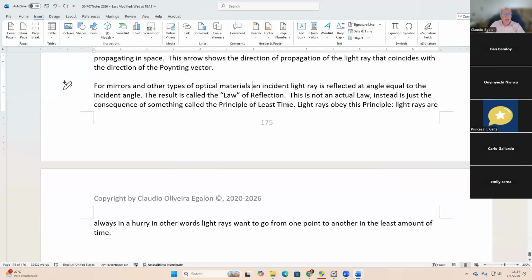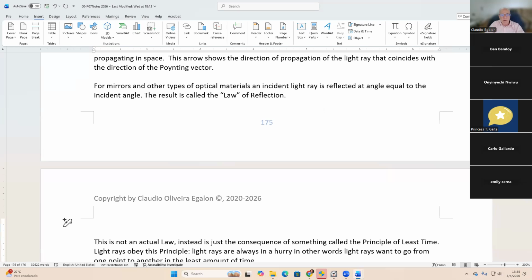This is the so-called law of reflection. Let's write that down here. It's not exactly a law. Law of reflection.